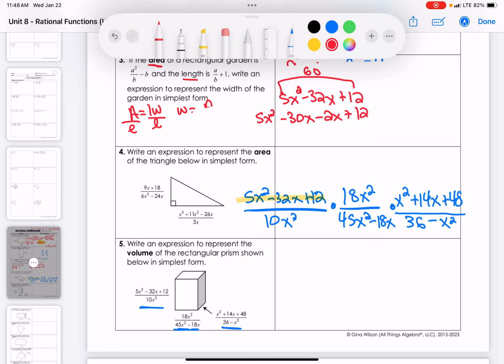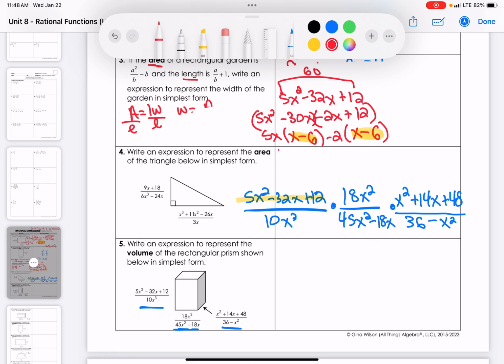And now we group. So I'm going to close this off and close this off. Now I could factor a 5x out of here, and that leaves me with x minus 6. And then I could factor out a negative 2 here, and that's going to leave me with x minus 6. Remember these two have to equal each other. If you factored it out properly, then those two should equal each other.